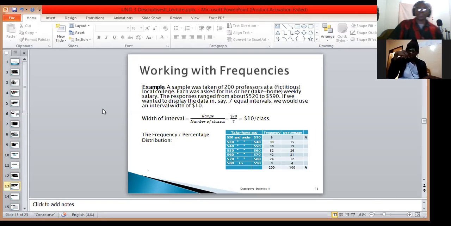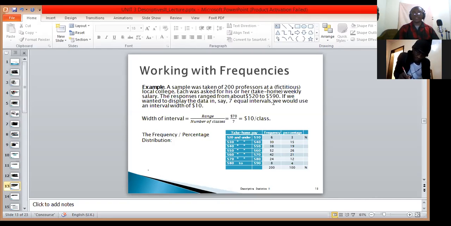So, when you look at this example, they took a sample of 200. And when these people were interviewed, the responses ranged from $520 to $590. When you look at this, 520 to 590, you are able to calculate the range.